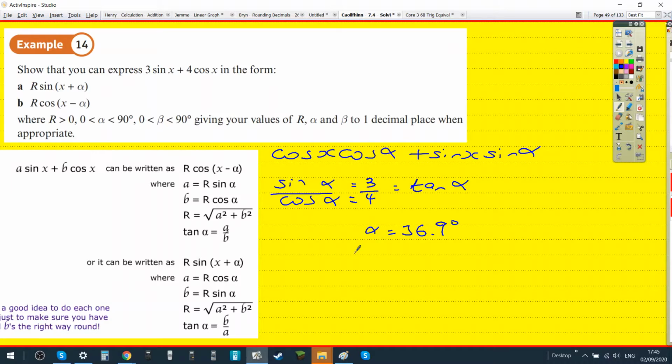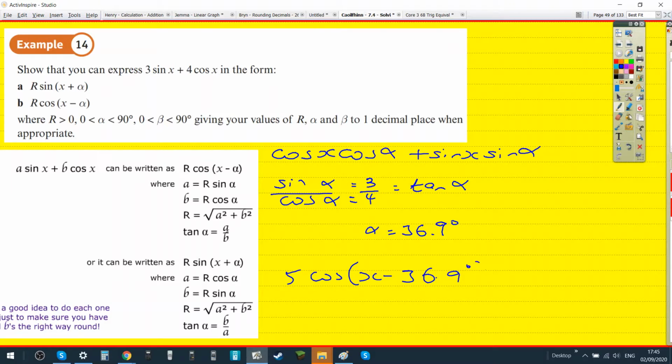R. So we work out R with Pythagoras. Yep, so it'll be 5. So then it would be 5 cos x minus 36.9.